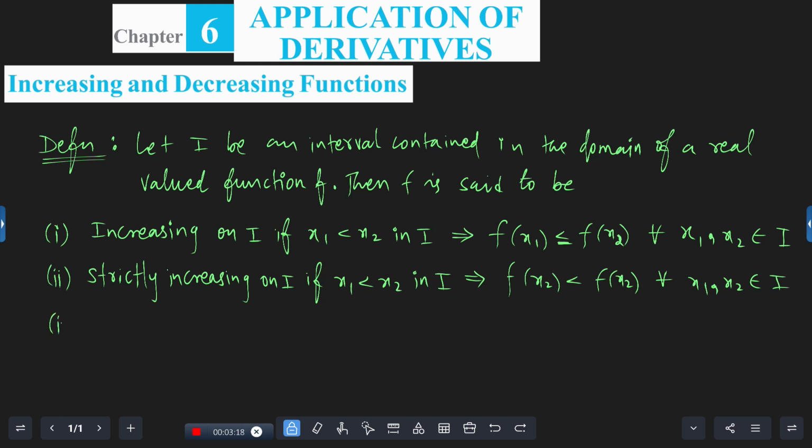And the third one, if it is constant, what is that?